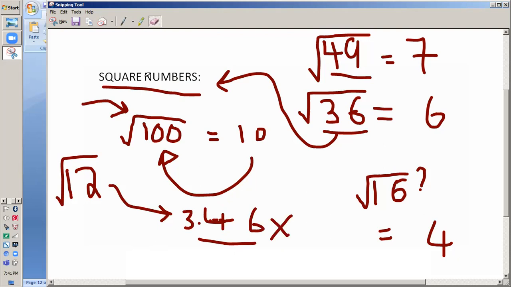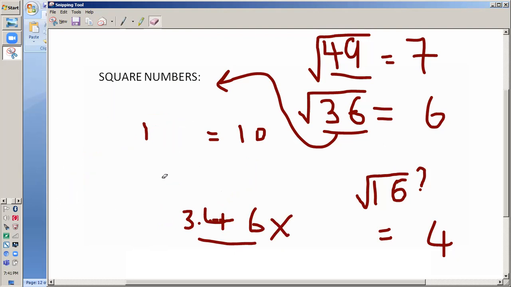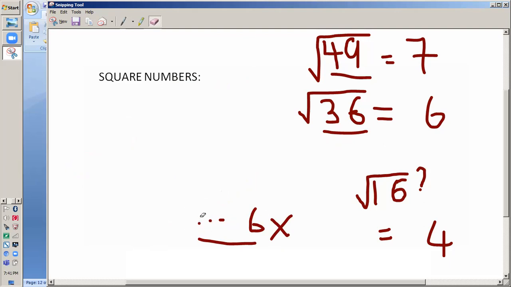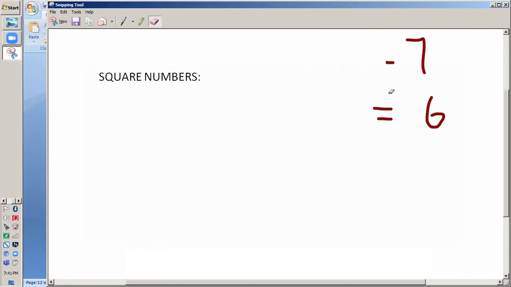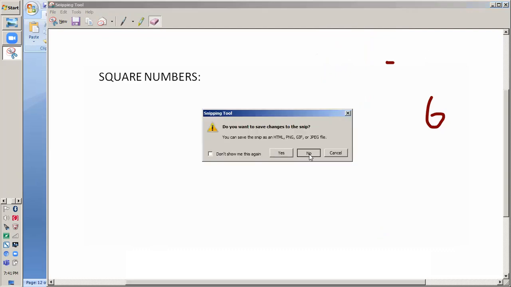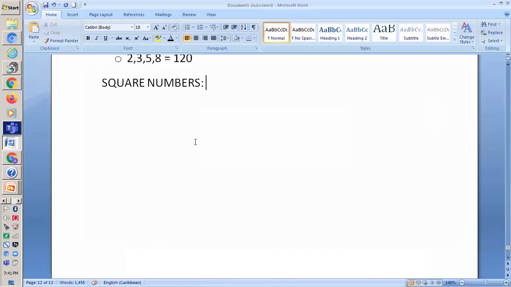Understood. All right. Let me ask a question. Is 1 a square number? Yes, it is. What is the square root of 1? 1. So 1 is a square number.